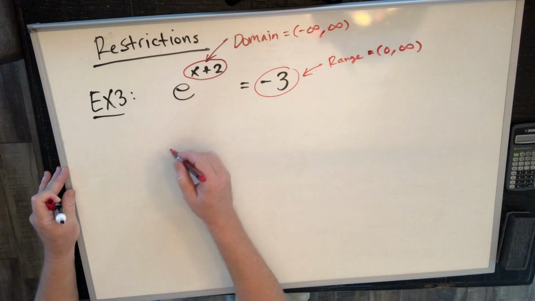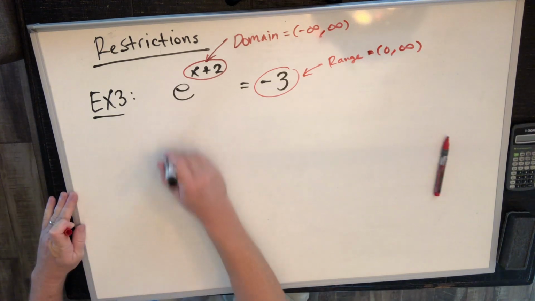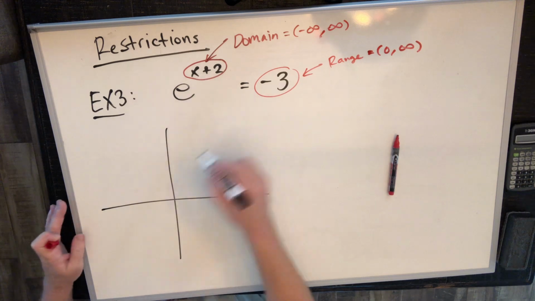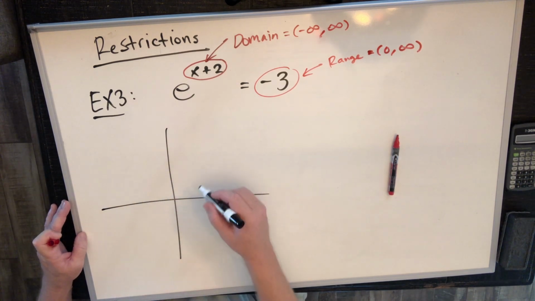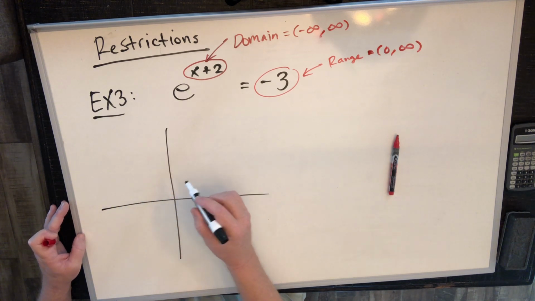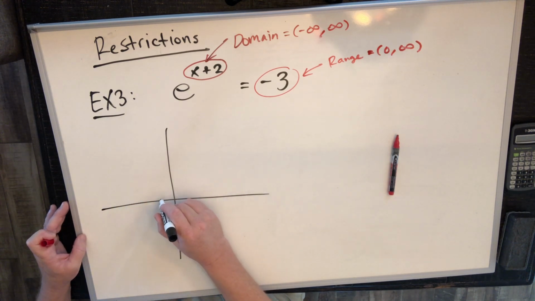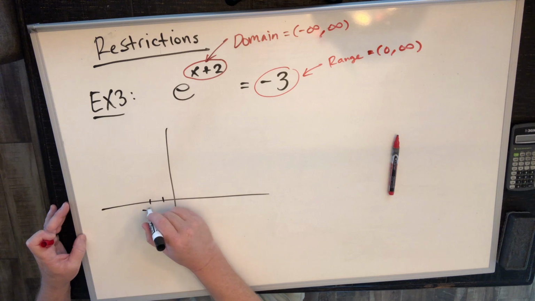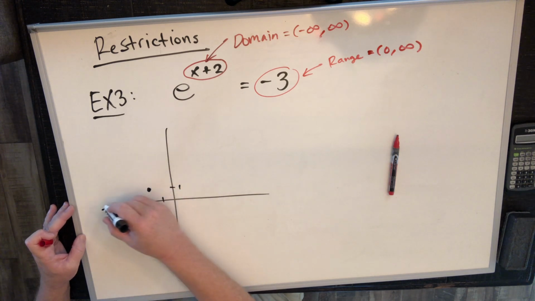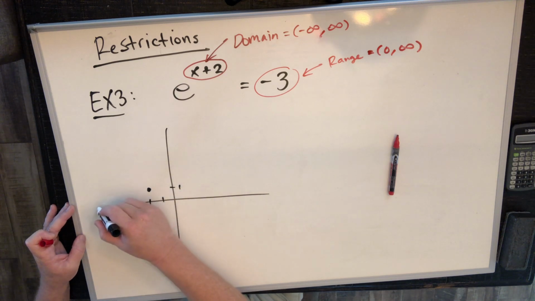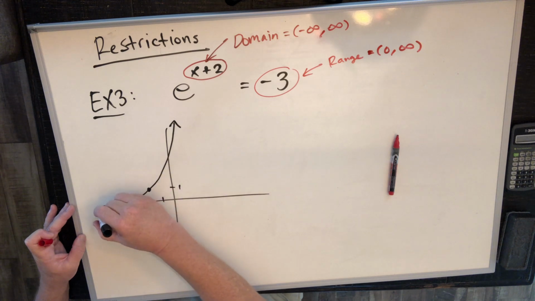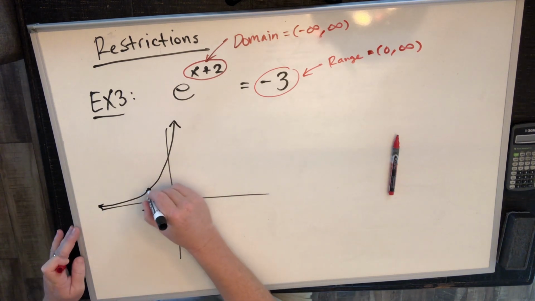So one way to keep that in mind is if you drew the graph, e to the x plus 2 would essentially be a graph that is the e to the x graph shifted to the left. It sort of looks like, let's see, at negative 2, the y value would be 1. So it would sort of look like this. I'm not being very precise with it.